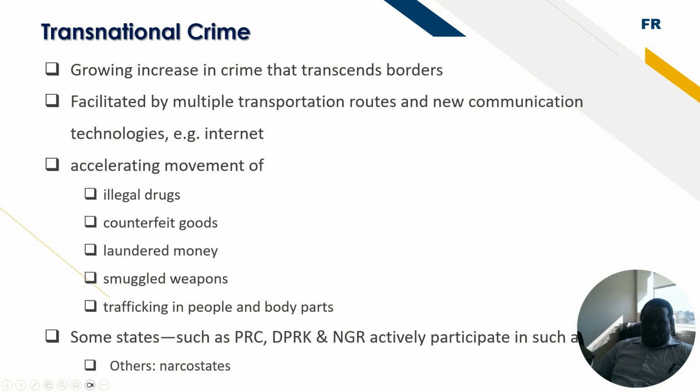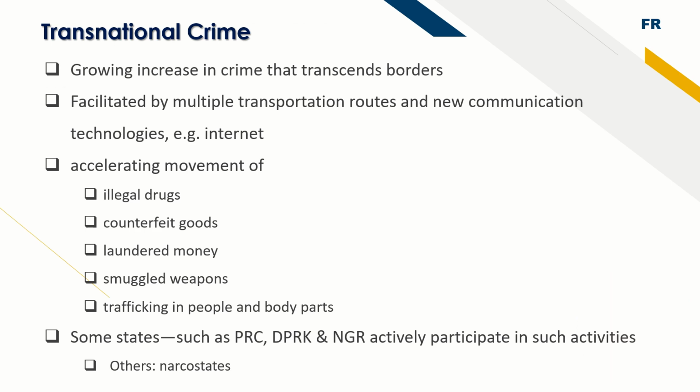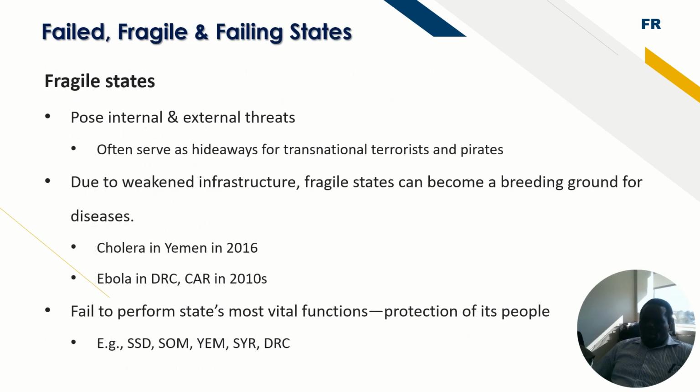Some states have become sponsors of and active participants in some of these transnational crimes. We also see the rise of fragile, failed, and failing states, which pose internal and external threats. So hideaways for transnational terrorists and pirates, but also some of the challenges that they can bring about. The failed states such as South Sudan, Somalia, Yemen, Syria, DRC, Libya, and so on.